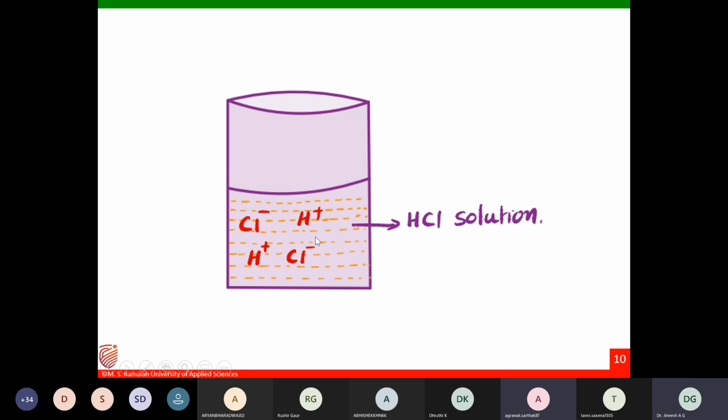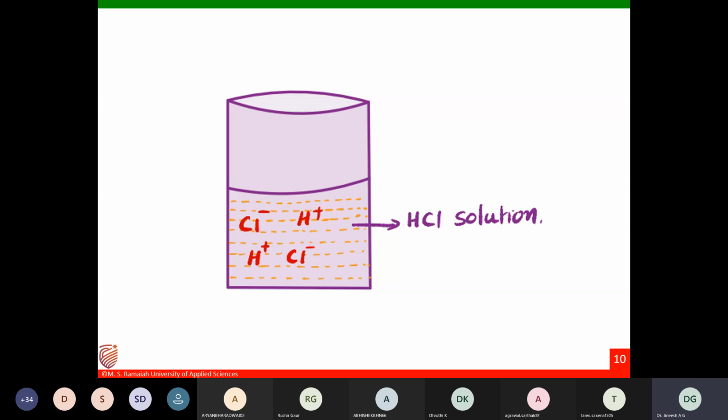Now, this solution contains ions, right? H plus and Cl minus ions. Ions are the reason behind conductivity. If there is no ion in a solution, that solution will not have conductivity.